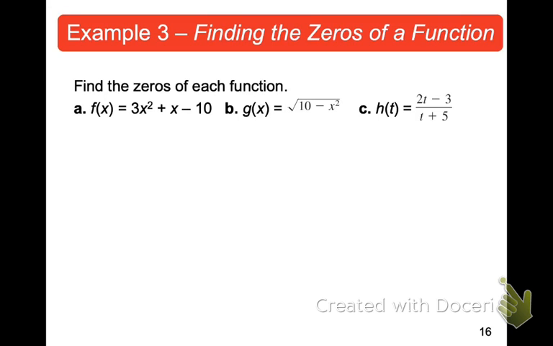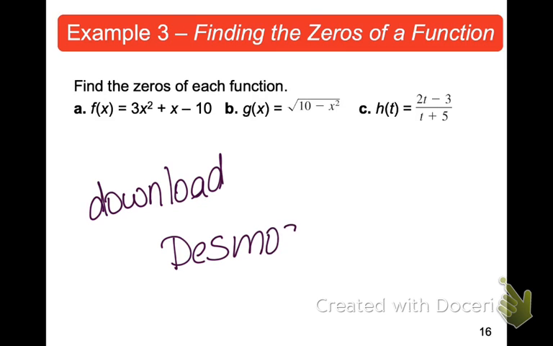It may be a take-home part or something, but you will do some graphing. So be sure that at some point you download Desmos. You can also go to www.desmos.com. Okay, but it's a nice little app that we're going to be using some in the semester.